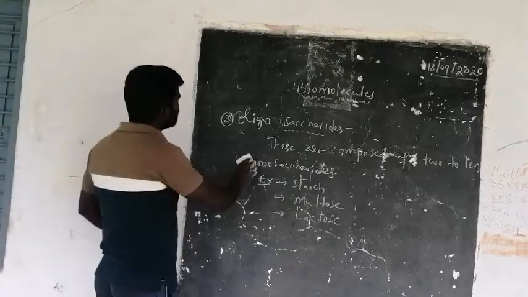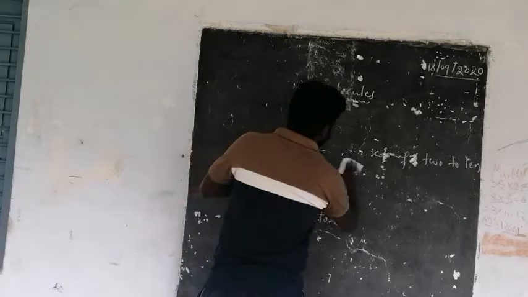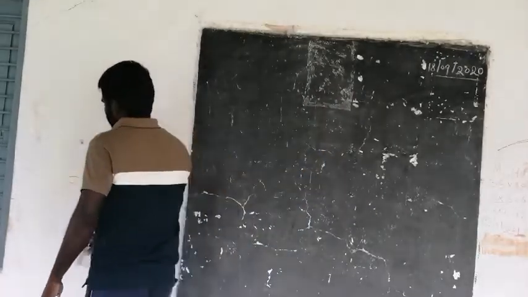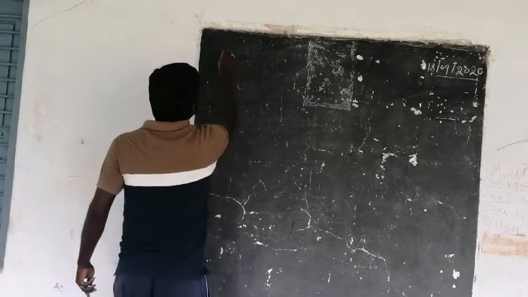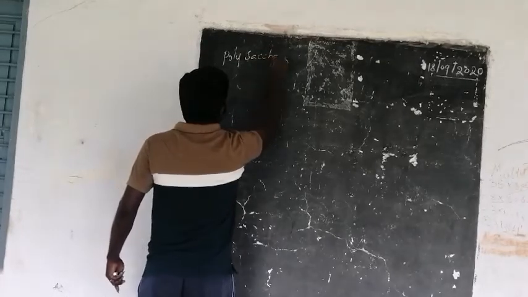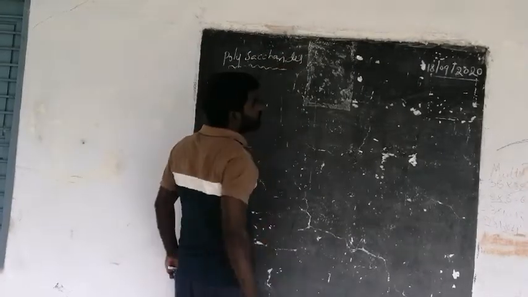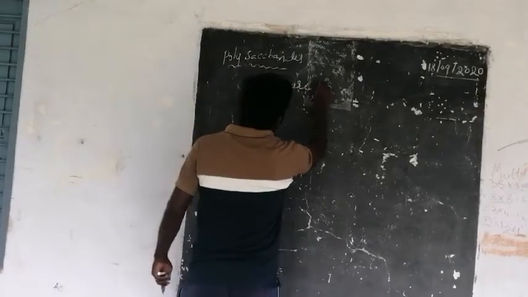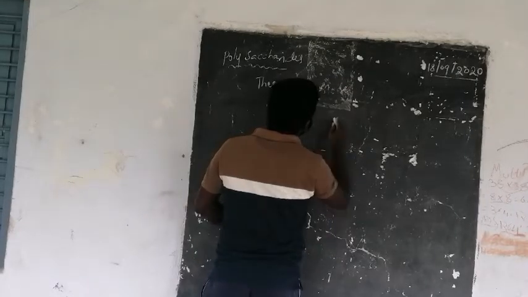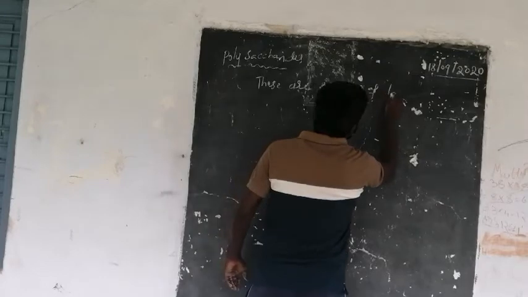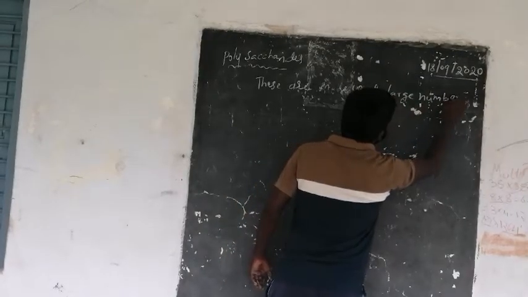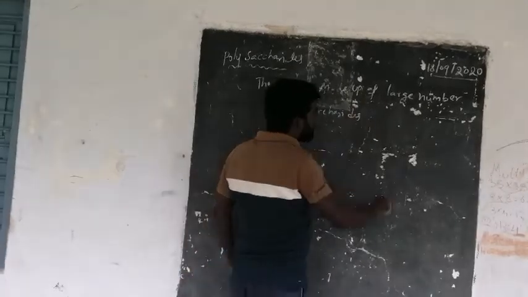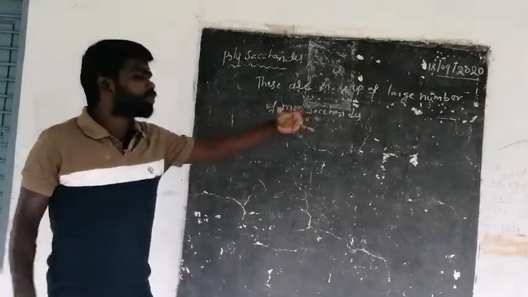And the third one, polysaccharides. Polysaccharides are made up of a large number of monosaccharide units.